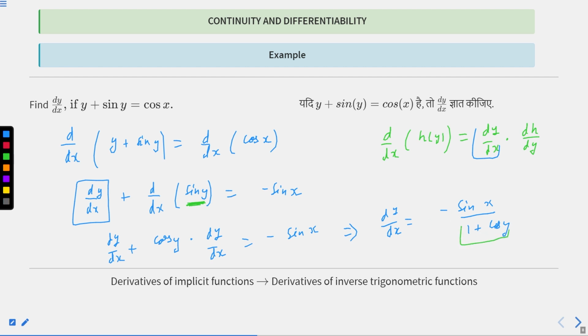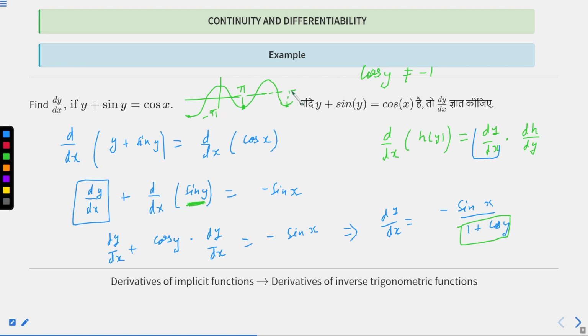This means cos y cannot be equal to minus 1, and we know by using the graph where minus 1 occurs. This is pi, this is minus pi, this is 3 pi, minus 3 pi.